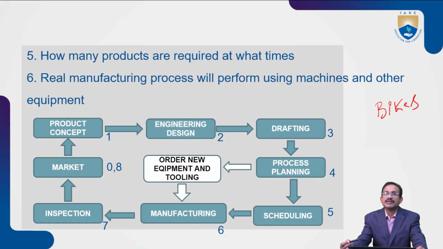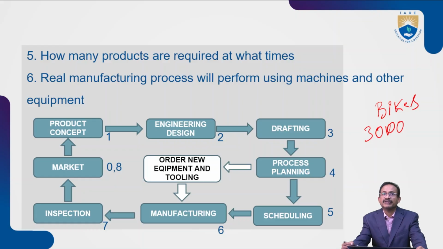So scheduling department people will identify the taste and interests of the public, and based on other criteria like interest and advertisements, they would collect the data from the public, and based on that information these people will instruct, now we need 3000 bikes to produce this month.